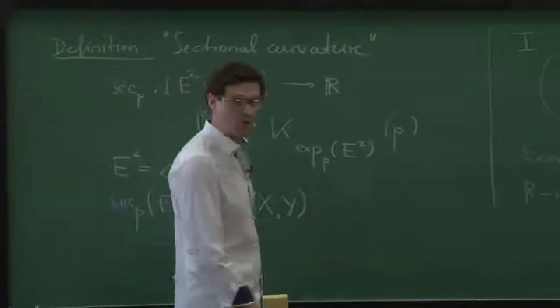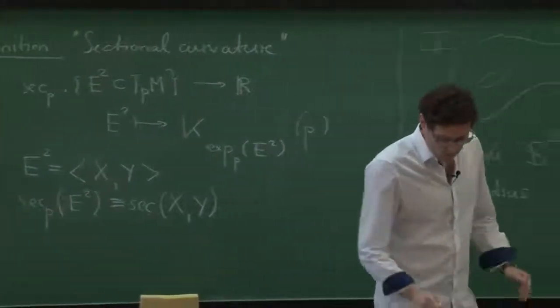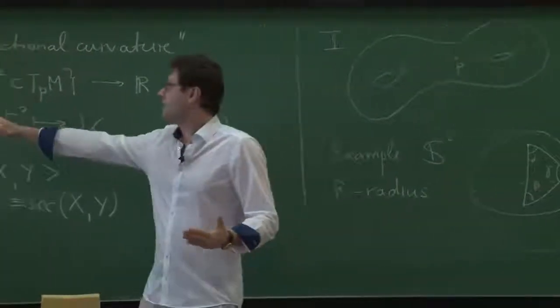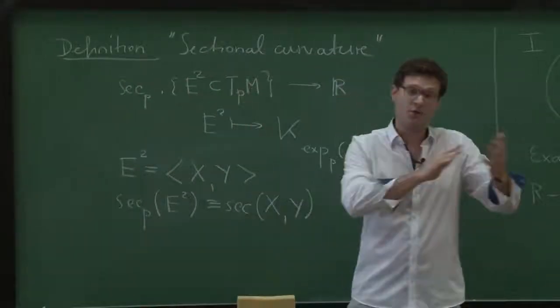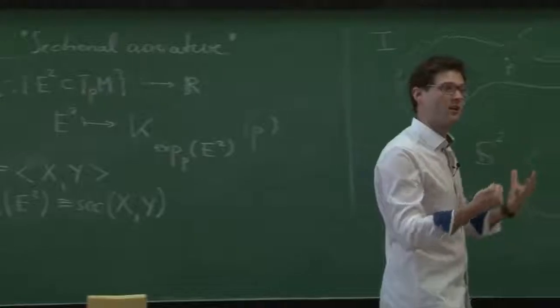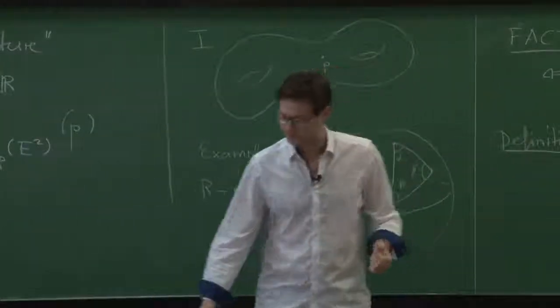Okay, this is just a notation. Now, I want to give you a visual understanding of what it means if this number is positive, negative, or zero, just to complete the visualization of the problem.